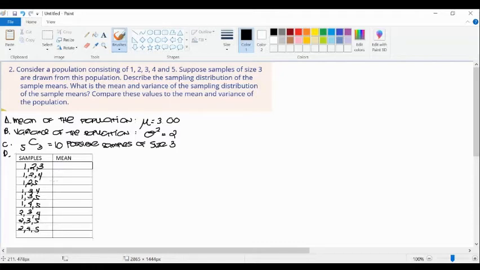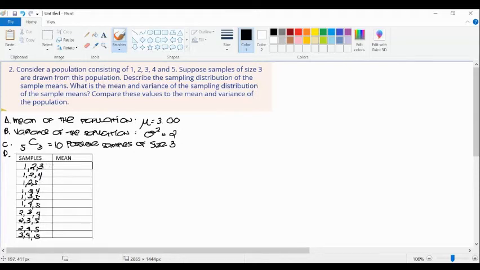So let's try 3, 1, 2. Same as 1, 2, 3. 3, 2, 4. Same as 2, 3, 4. 3, 4, 5. So as you can see, we have 10 possible samples of size 3.